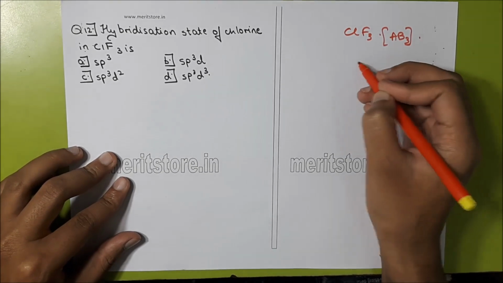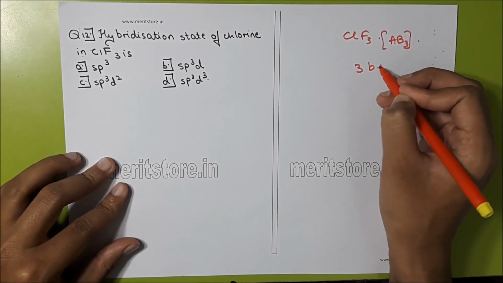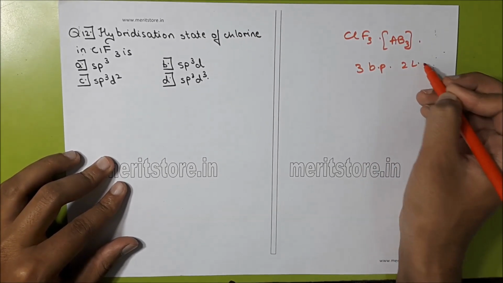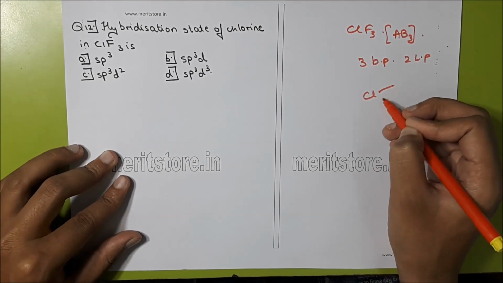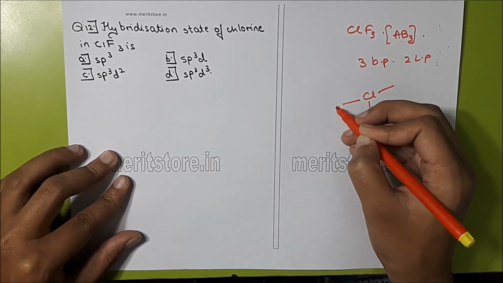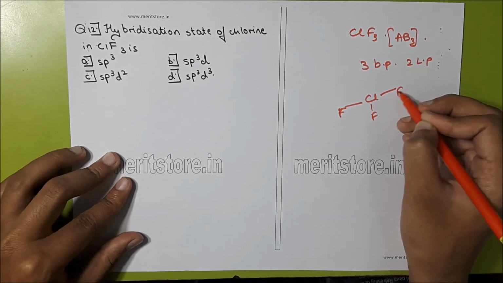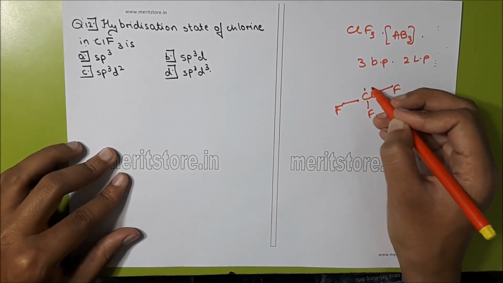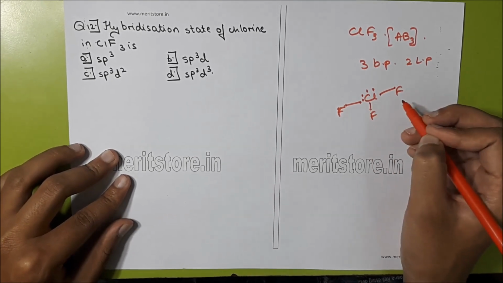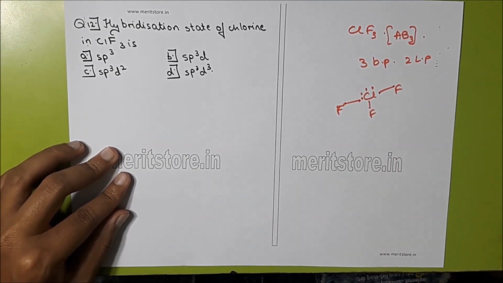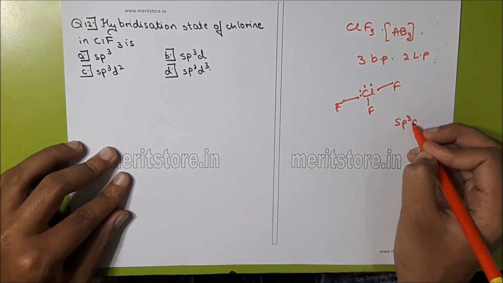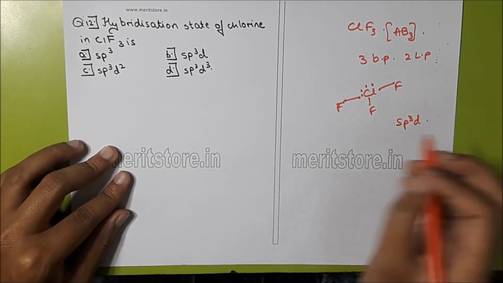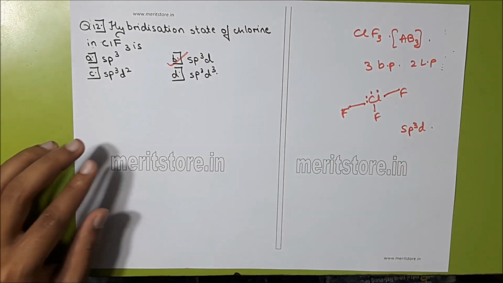So it consists of 3 bond pairs and 2 lone pairs of electrons, chlorine with 3 fluorine. So there are 3 bond pairs and 2 lone pairs of electrons in this molecule. Hence the compound shows sp3d type of hybridization. So option B is the correct option.